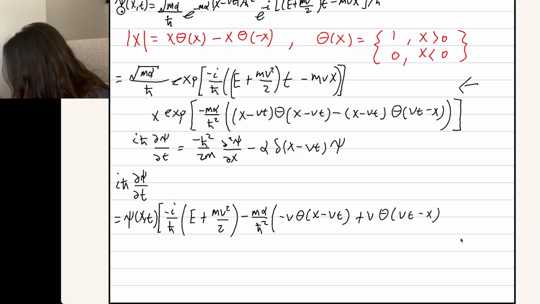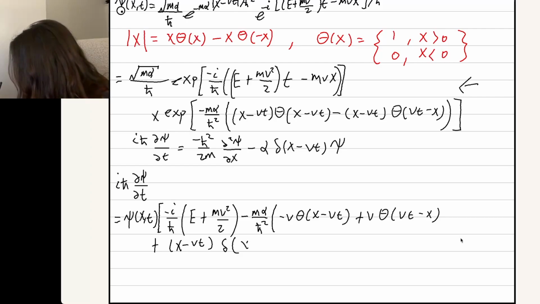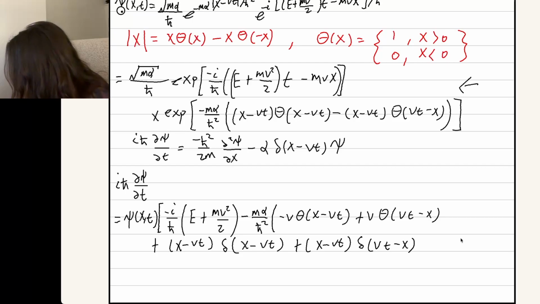And then we're going to get a couple of delta functions, because the derivative of the Heaviside function is the delta function. So we're going to get plus x minus vt times delta of x minus vt, plus another x minus vt, but this one times the delta of vt minus x. Right.